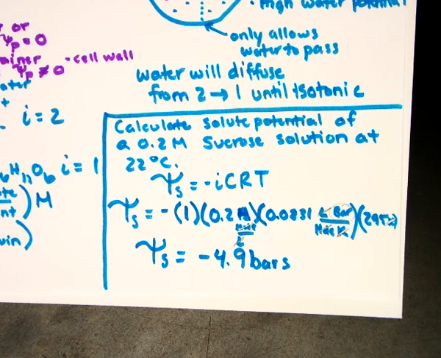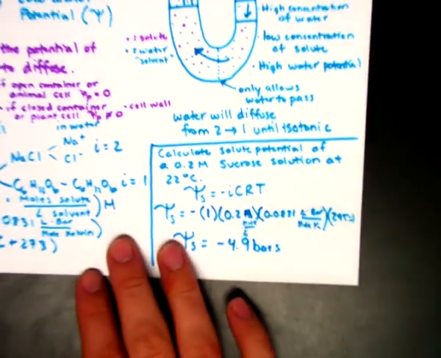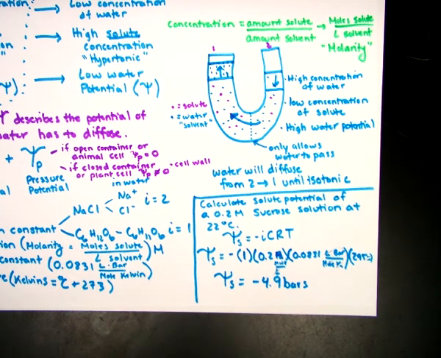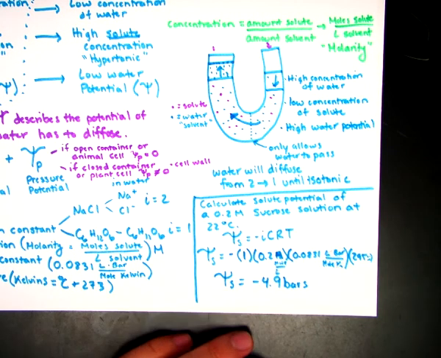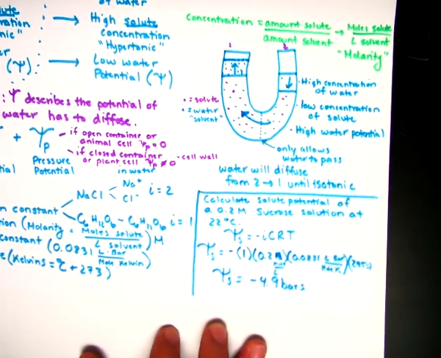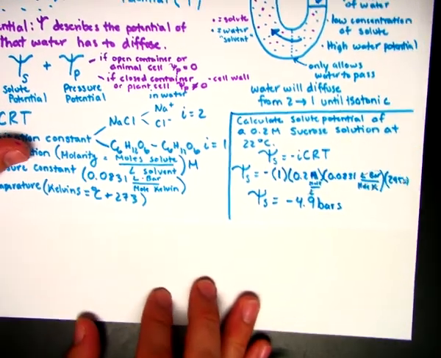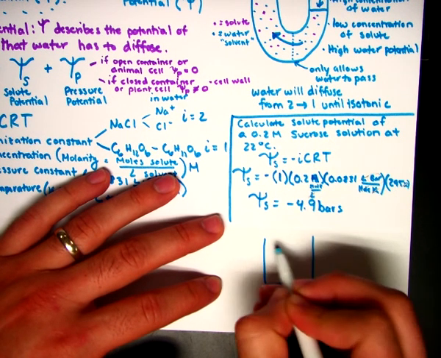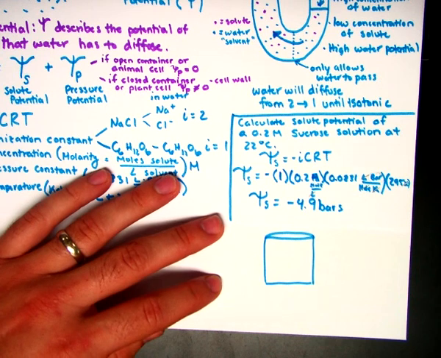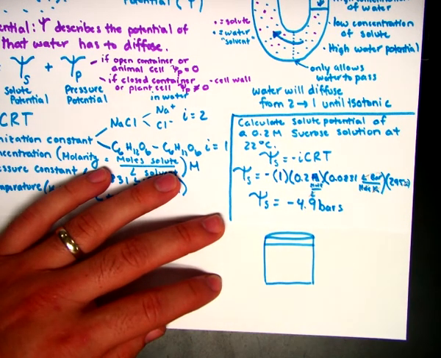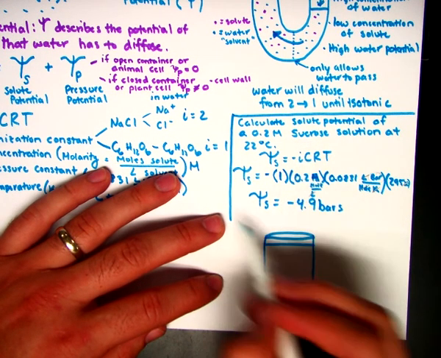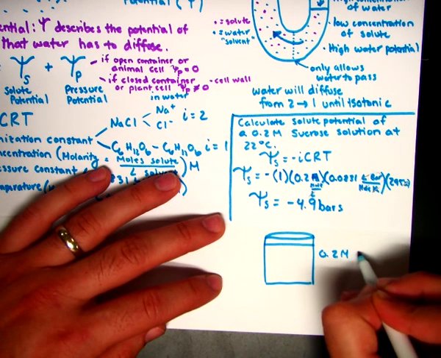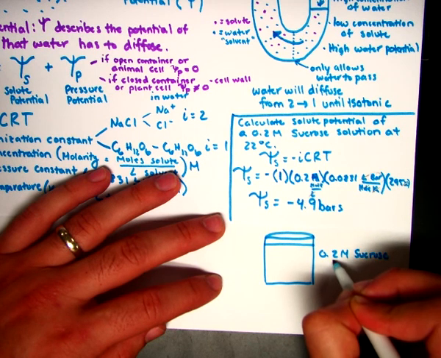Okay. All right. Questions? So, if you imagine, just for a second, a beaker full of the solution that's described here. You have a 0.2 molar sucrose solution, okay?